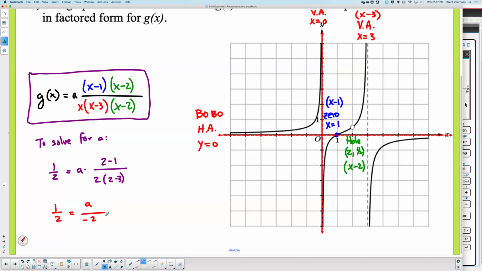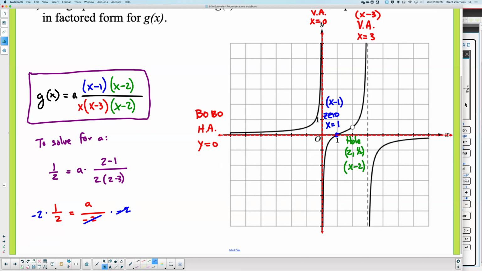Now, how do I solve that? What's the last step to get a by itself? Multiply by -2. And what happens is the 2's over here cancel. And so what does a actually equal? -1. That kind of got messy on the left side. I'm going to take that off.